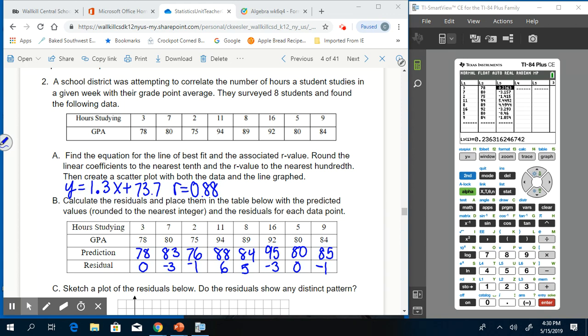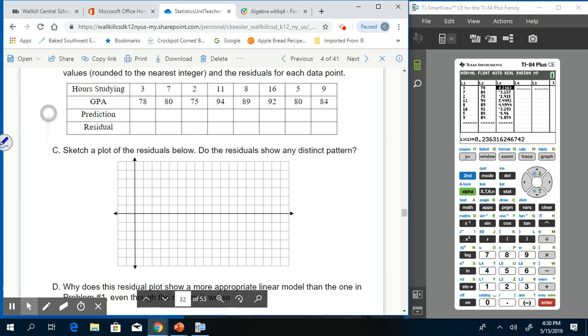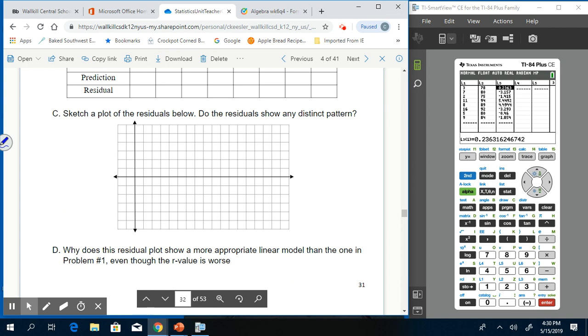All right, so now we're going to take those and plot them in our residual plot. So again, this remains our x values, and this is now our residuals. Our largest residual is only 5, so we don't have to change the scale. So for 3, we have a residual of 0, so 3, 0 is one of our points. For 7, we had a residual of -3.